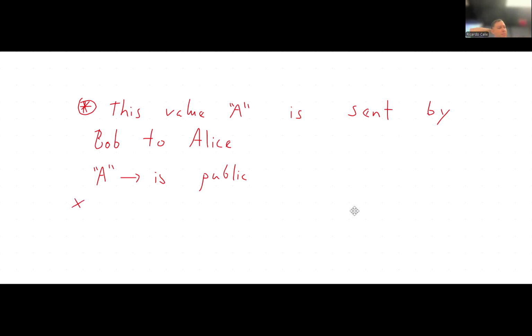The public value associated with B, so B is for the other person. Notice that I'm not really calling these keys yet, because they're not the key so far. They're just stepping stones to arriving at a key.